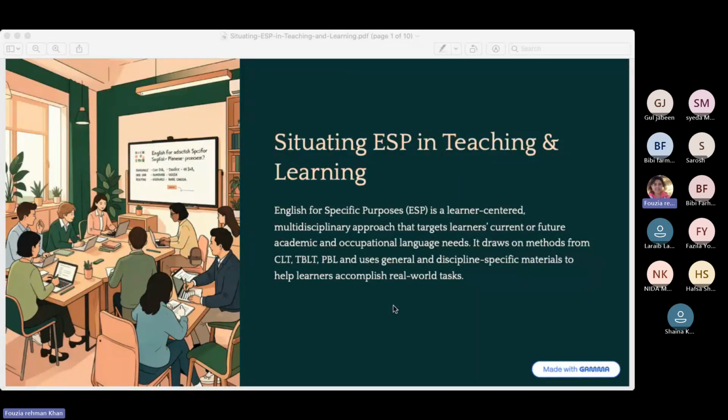Students of engineering will have their specific needs, students of medicine, students of law, aviation students, all of these students will have different needs. For instance, you are students of English linguistics and you are studying in a university, you're expected to write a research paper, you are expected to solve your literature exam papers or linguistics exam papers.